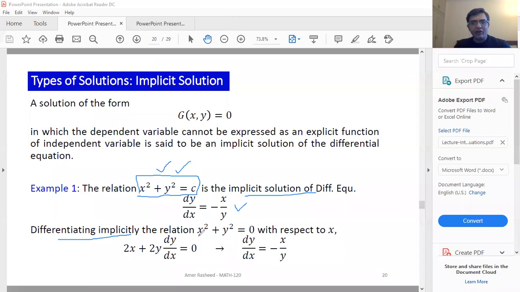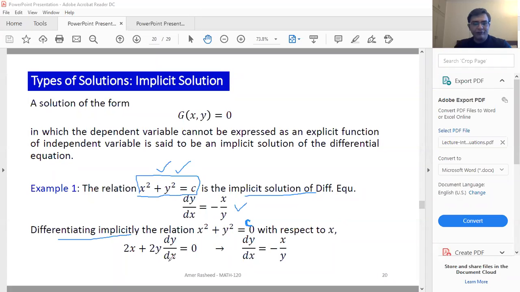We take the derivative of this function x square plus y square is equal to c. We must have c here, it's a typo. So if we differentiate this function with respect to x implicitly, what do we get? 2x plus 2y into dy by dx.